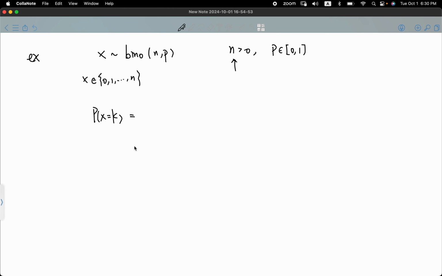To think about the binomial distribution, consider first tossing a coin one time, where you have the probability p of landing on head and the probability of landing on tail.